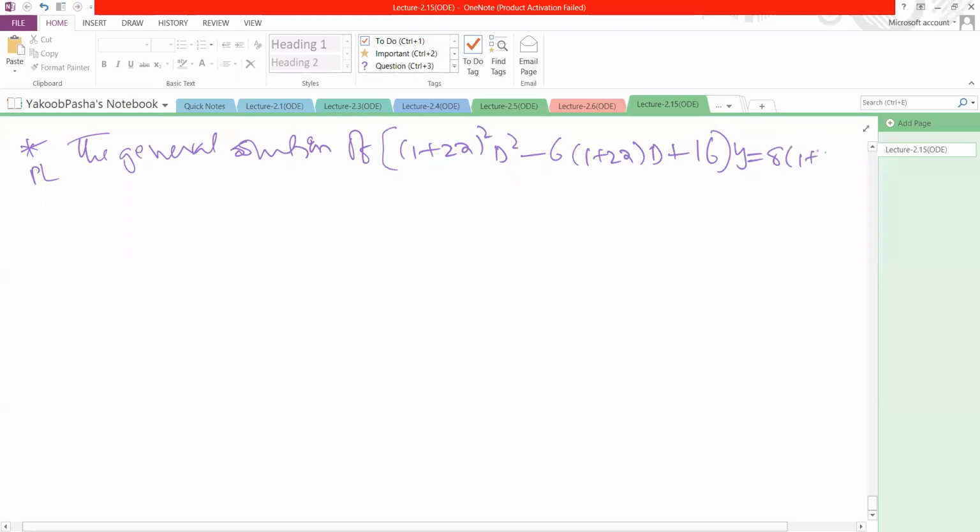Okay, this is the given differential equation. Clearly it is a Legendre equation.